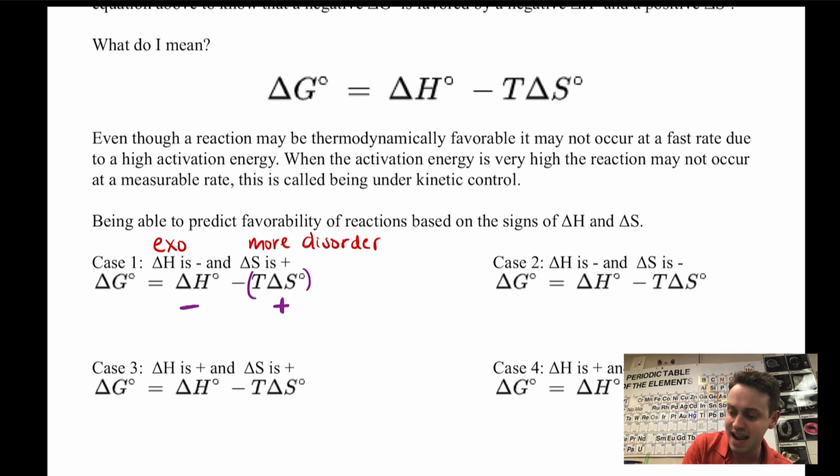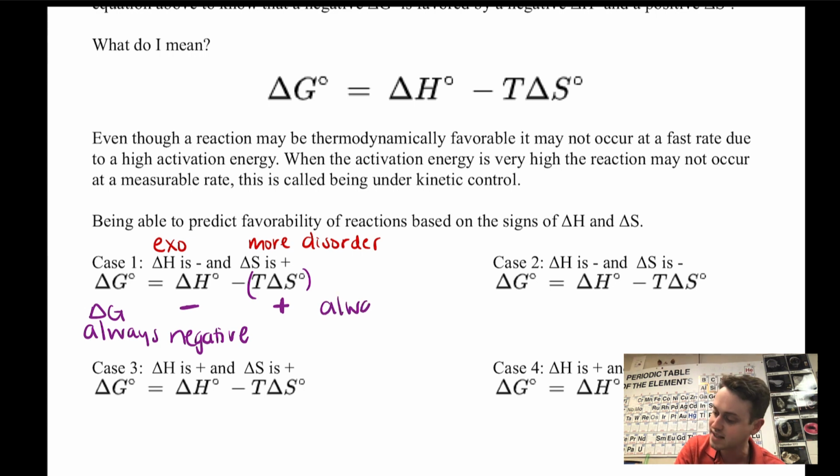So in this case of a negative delta H and positive delta S, my delta G is always negative, which means these are always going to be favorable. I'm just going to say thermodynamically favorable. That does not mean what you think it means. It means thermodynamically favorable. Don't get cute.